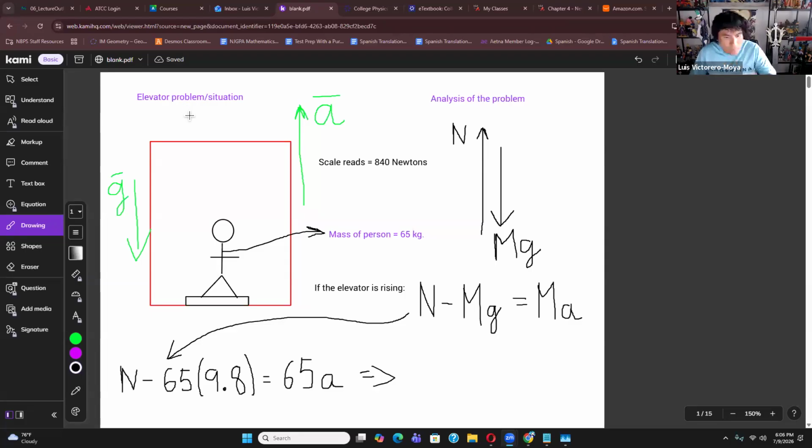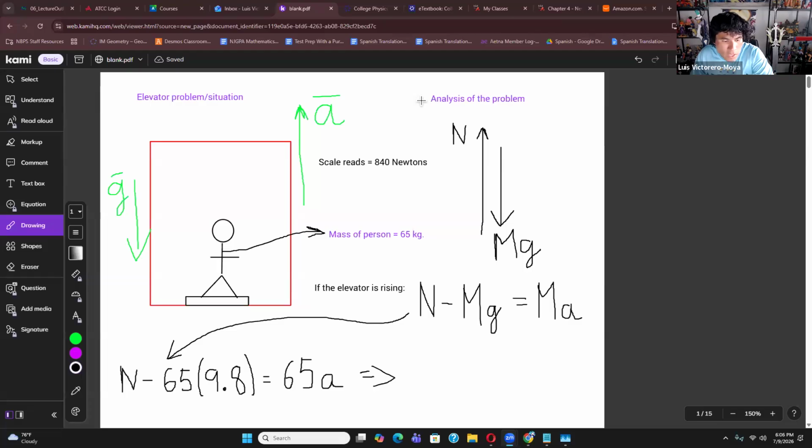For an elevator, there are two cases: going up or going down. The forces acting are the same, but the way you think about the problem, the way you write the equations, changes.